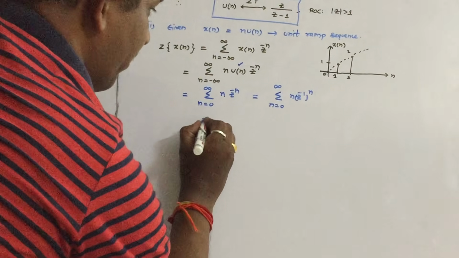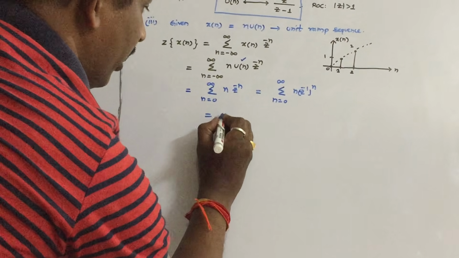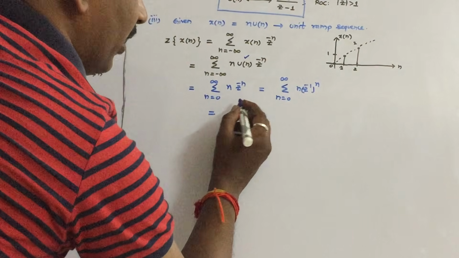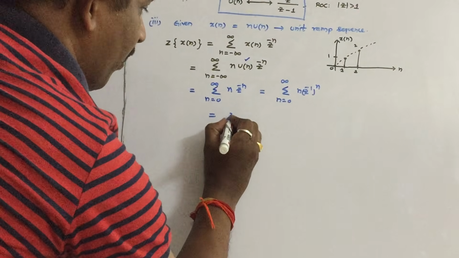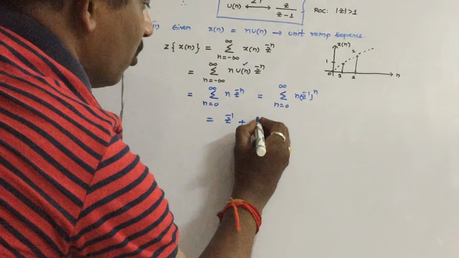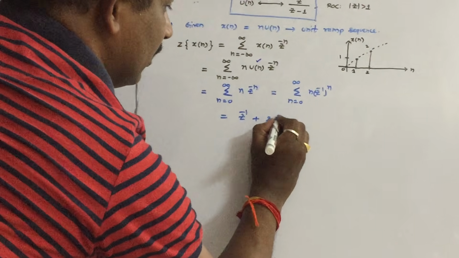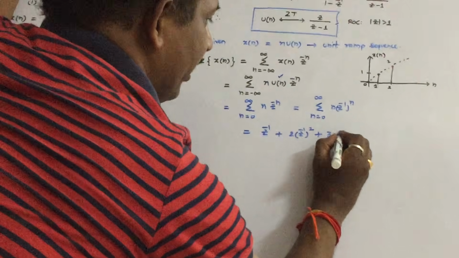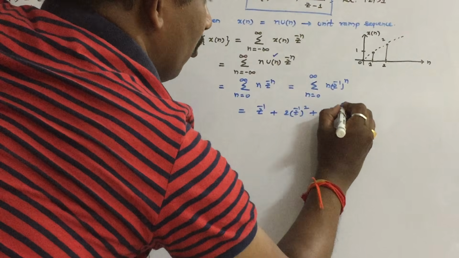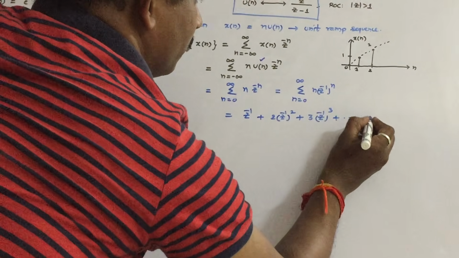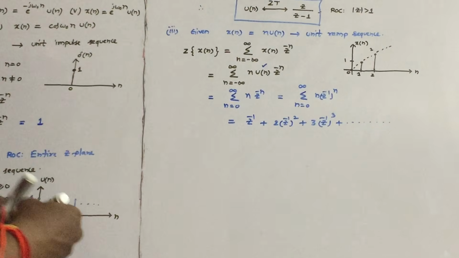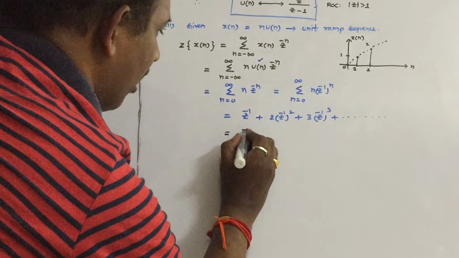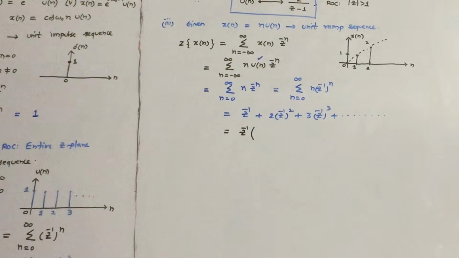So let us expand the summation. For n is equal to 0, it is 0. For n is equal to 1, you can write it as z power minus 1. For n is equal to 2, 2 into z power minus 1 whole square, plus n is equal to 3, 3 into z power minus 1 whole cube, plus so on. Let us take z power minus 1 as common.